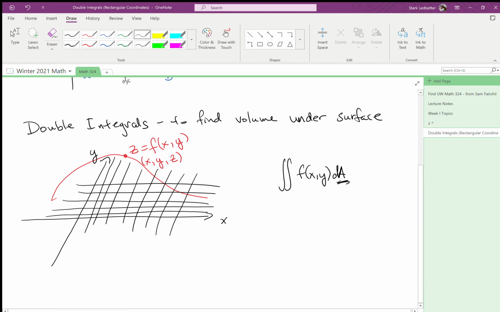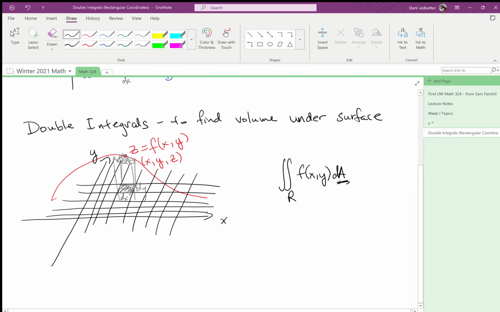And then my dA is probably going to be this rectangle with length dx and width dy, and then I'm going to go up to my surface, and this is going to be a sort of rectangular-ish thing. But if I really go small enough, it is a rectangular-ish thing. R for region.